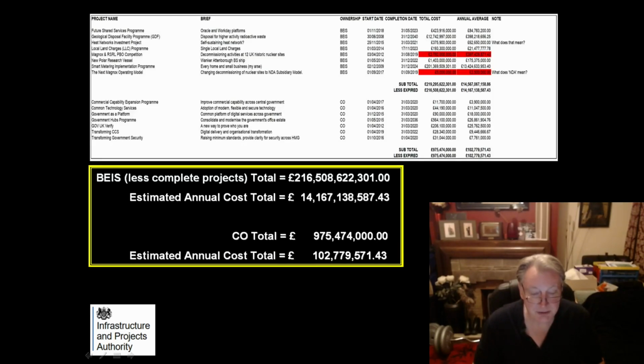So we move into CO, which means the Cabinet Office. Now, if you remember when I started looking into the Cabinet Office, I'd mentioned that they had a budget of 655 billion, which was for vanity projects, including one called Verify.